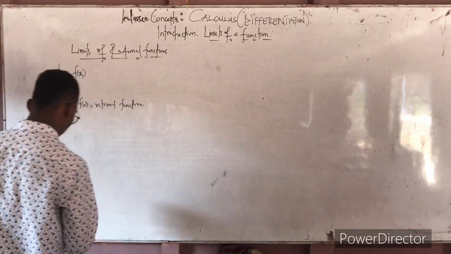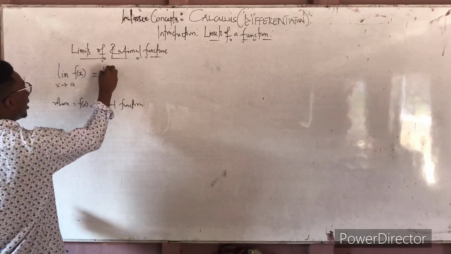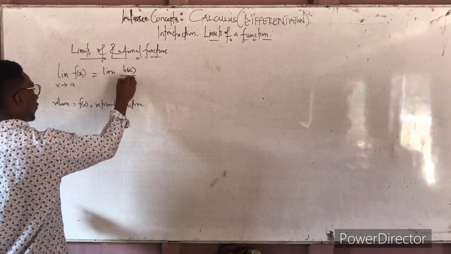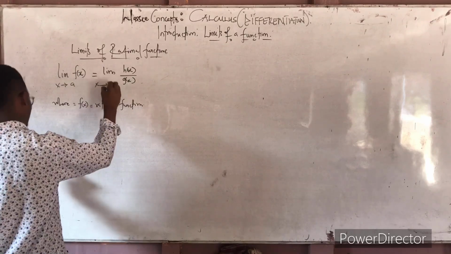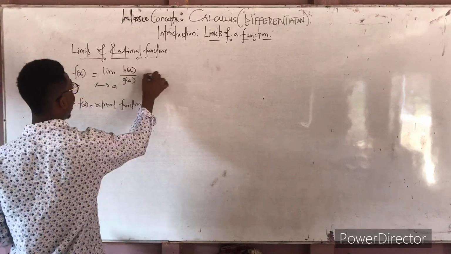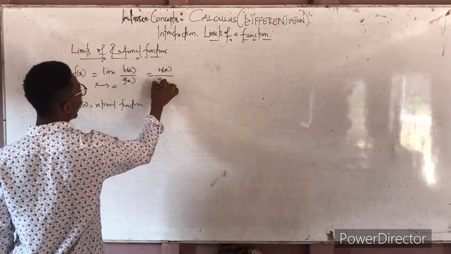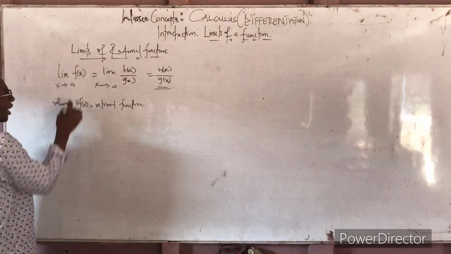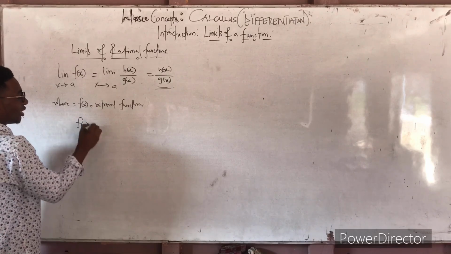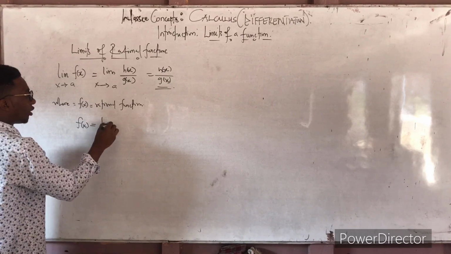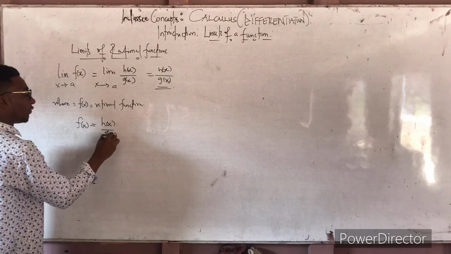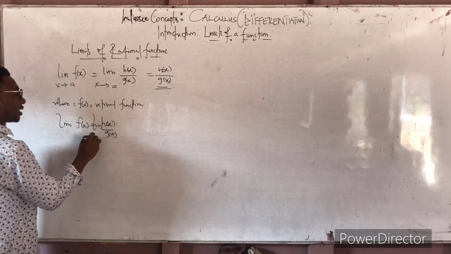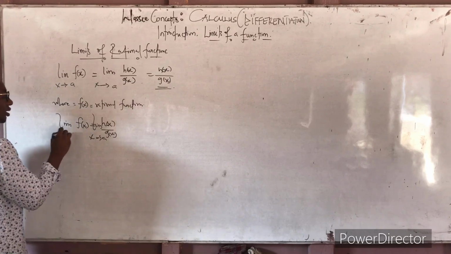So now, if you simplify it to its simplest form, you can perhaps get the limit of h of x divided by g of x as x approaches, let's say, a. If the function f of x can be simplified to h of x over g of x, then its limit is the same as the limit of that as x is approaching a.